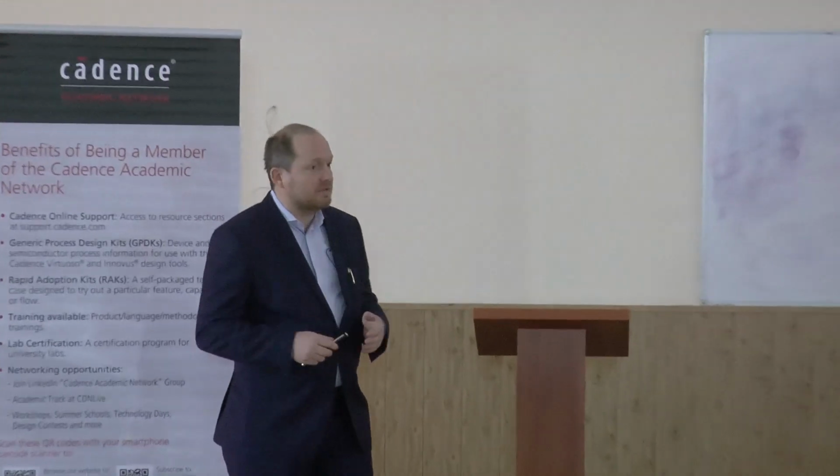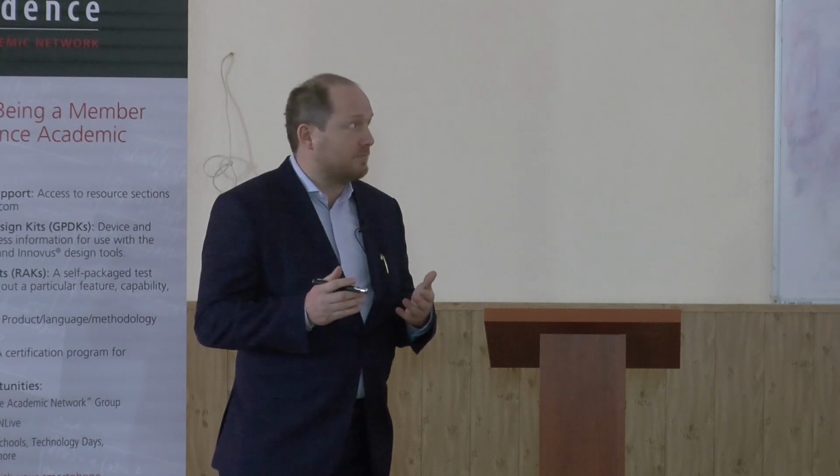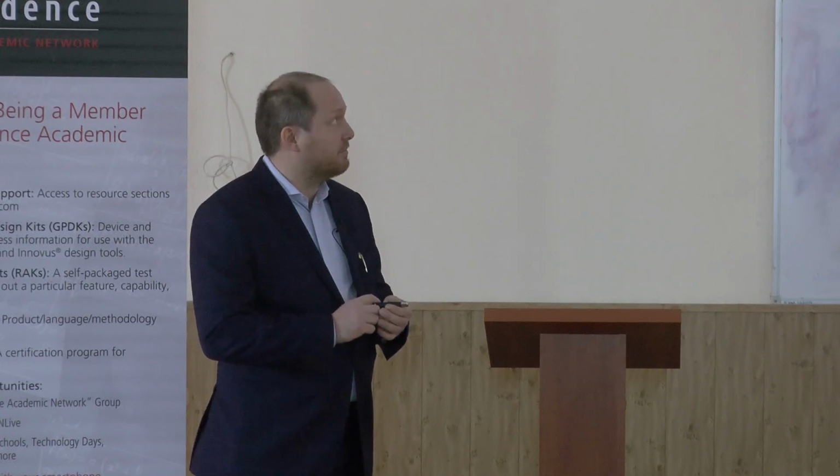So more than Moore means we can integrate different circuits into one system. The system does not have to be an SoC. SoC means that everything is on one wafer, but we can combine several wafers which are produced with several manufacturing processes, and we can combine them into one system.